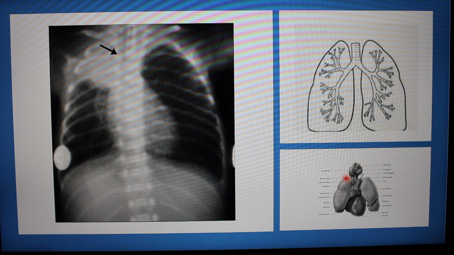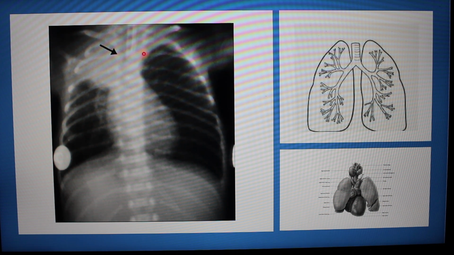So this whole area here is no longer aerated, and the lung tissue has collapsed. In order for us to open up this lung, we need to get rid of that mucus plug.